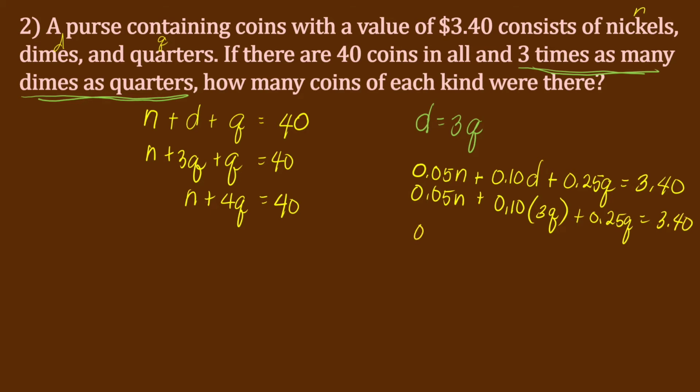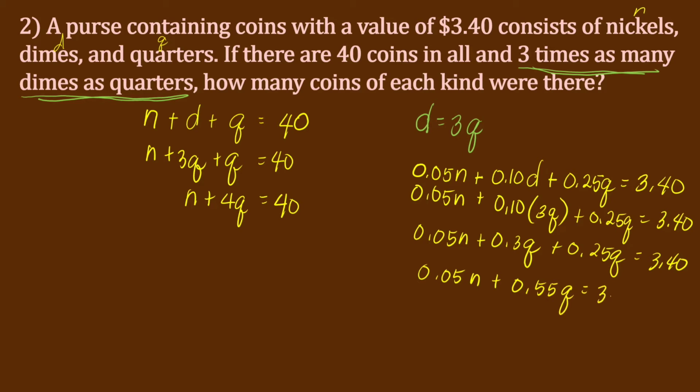And then simplify more. 0.05 N plus 0.10 times 3 is 0.3 Q, and then plus 0.25 Q equals 3.40. Now, combining also 0.3 and 0.25, because they are the same variables, we can have 0.05 N plus 0.55 Q equals 3.40.